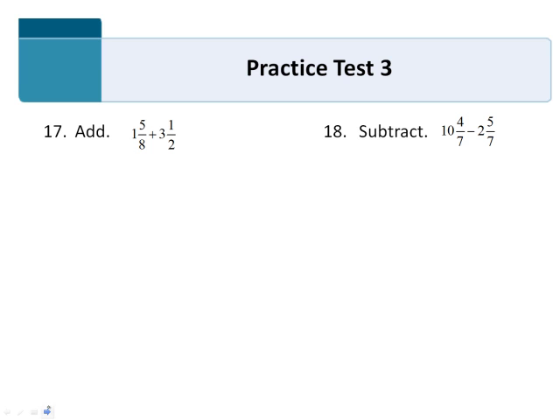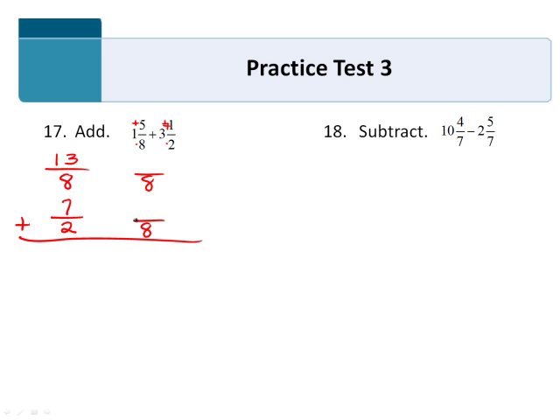All right, number 17. We want to add these mixed numbers. So once again, first step, change them to improper fractions. 8 times 1 is 8, plus 5 is 13 over 8. And 2 times 3 is 6, plus 1 would be 7 over 2. We didn't have to worry about any signs. The common denominator between 8 and 2 would just be 8.